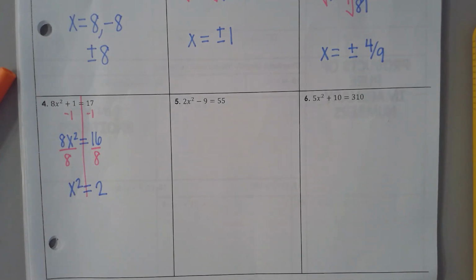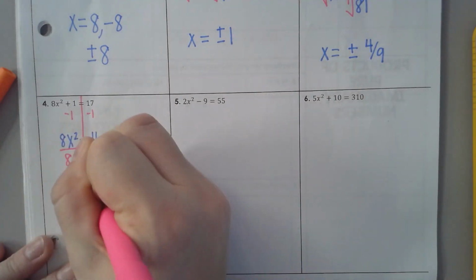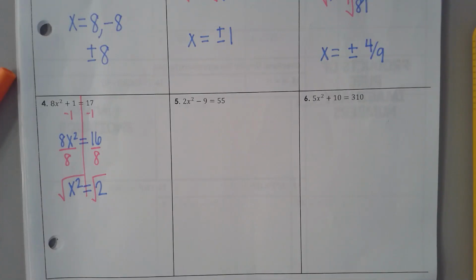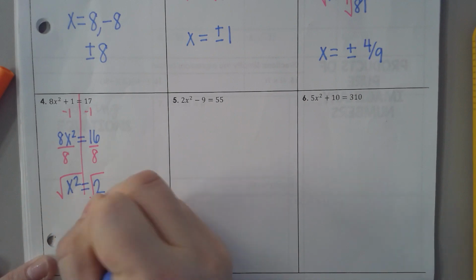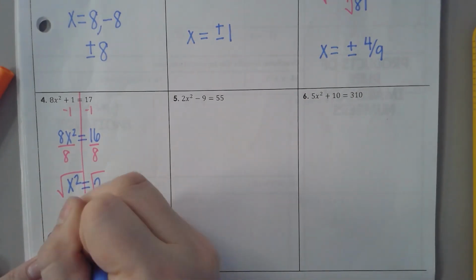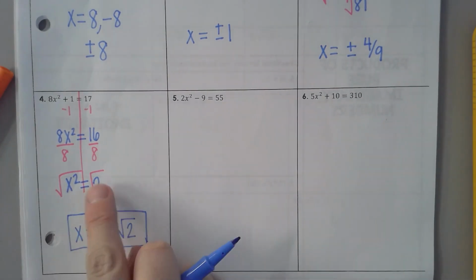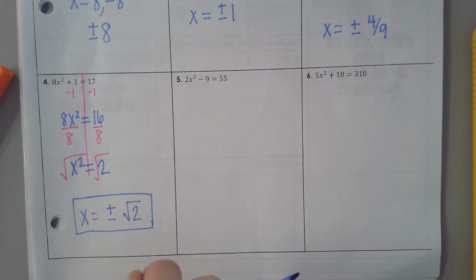Then what? Square root. Is 2 a perfect square? No. Are there any perfect squares that you could divide into 2? No, besides 1, but that's not going to do anything. So my final answer is just plus or minus square root of 2. It's possible that you will get a number here that can't be broken down.